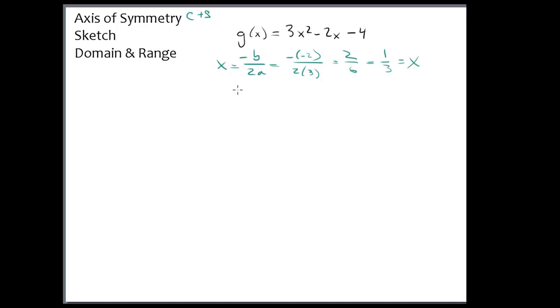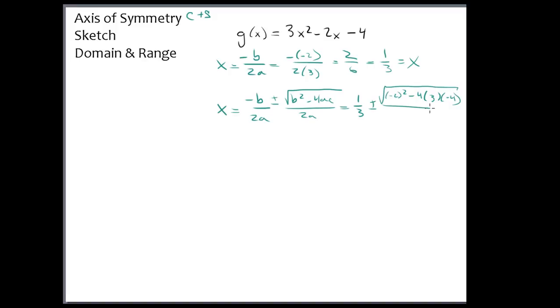And if I'm going to be graphing this, I could maybe try to find the zeros of it. So minus b over 2a plus or minus square root of b squared minus 4ac all over 2a. So that's 1/3 plus or minus the square root of negative 2 squared minus 4 times 3 times negative 4, all over 6.